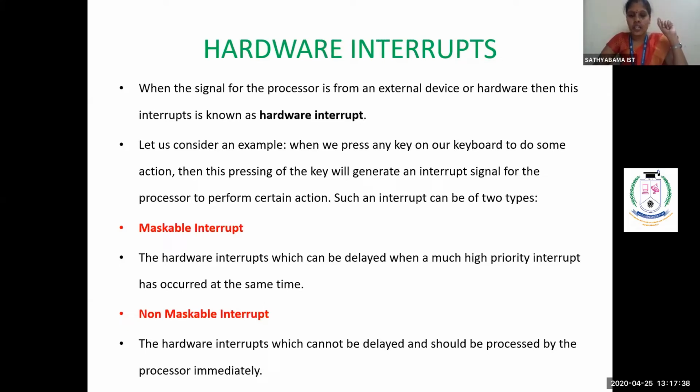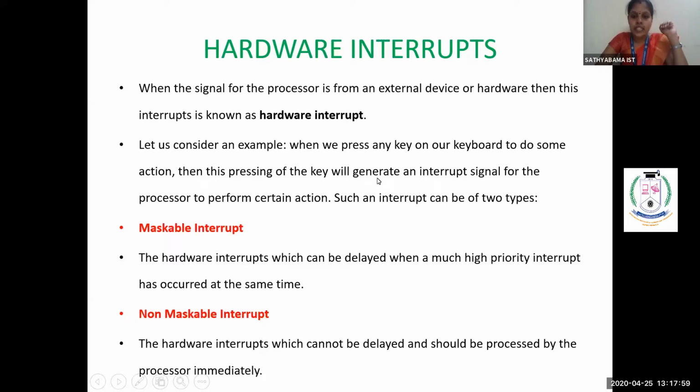Externally, that is an external or hardware device, otherwise a peripheral device. Then this interrupt is known as a hardware interrupt. Let us consider an example.